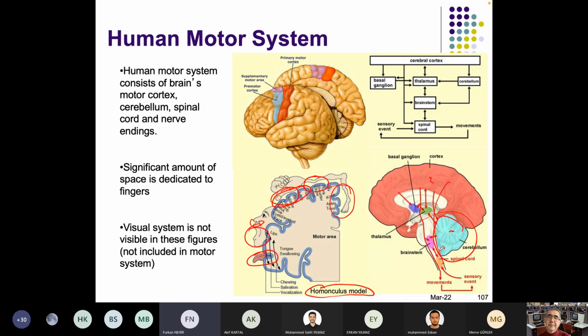Hocam, does the motor system of the brain understand tactile feedback better compared to touch feedback? Compared to what? Tactile versus touch. Tactile is actually touch. You mean tactile versus haptic?